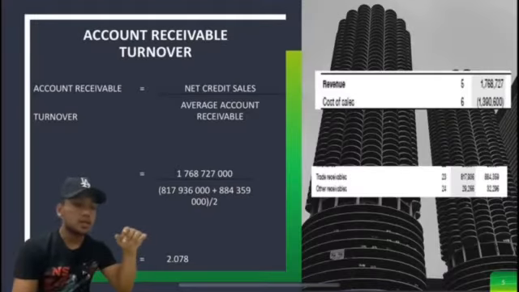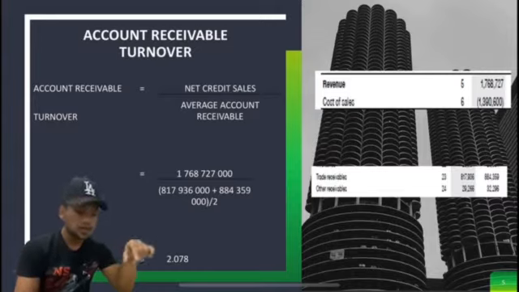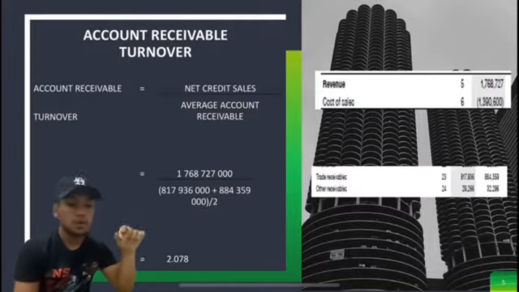Next is the account receivable turnover. So the formula to calculate account receivable turnover is net credit sale divided by average account receivable. So the answer is 2.078 for account receivable turnover of Sunway Construction Group Berhad.